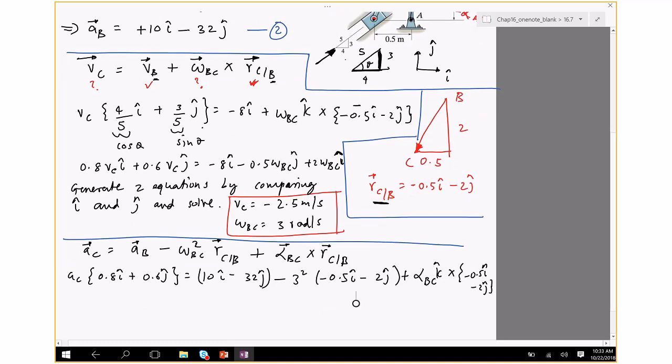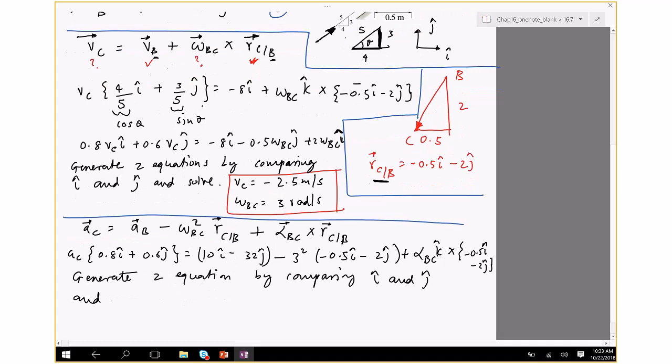Okay, a lot of equations, but the essence is one unknown, second unknown. That's going to lead to two equations, one found by equating the I components on both sides, and the other by looking at the J components and equating the two. So generate two equations by comparing I and J and solve for AC and alpha BC.